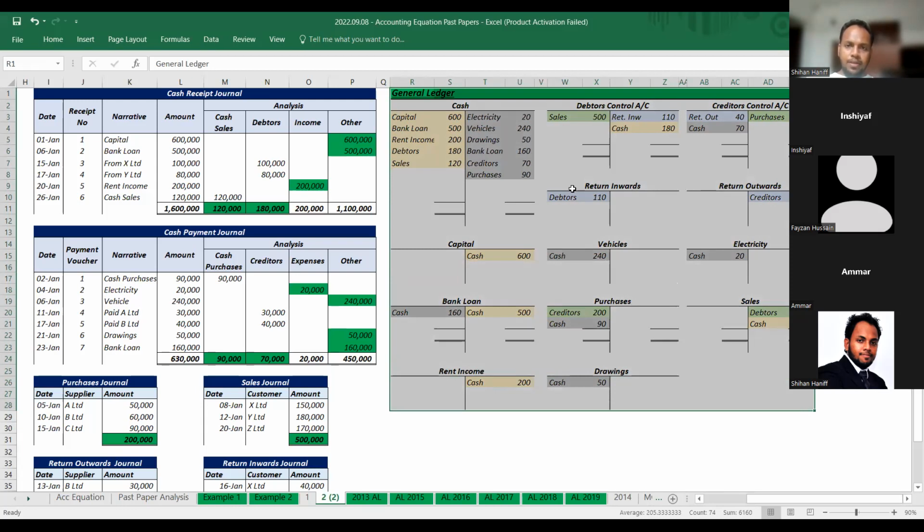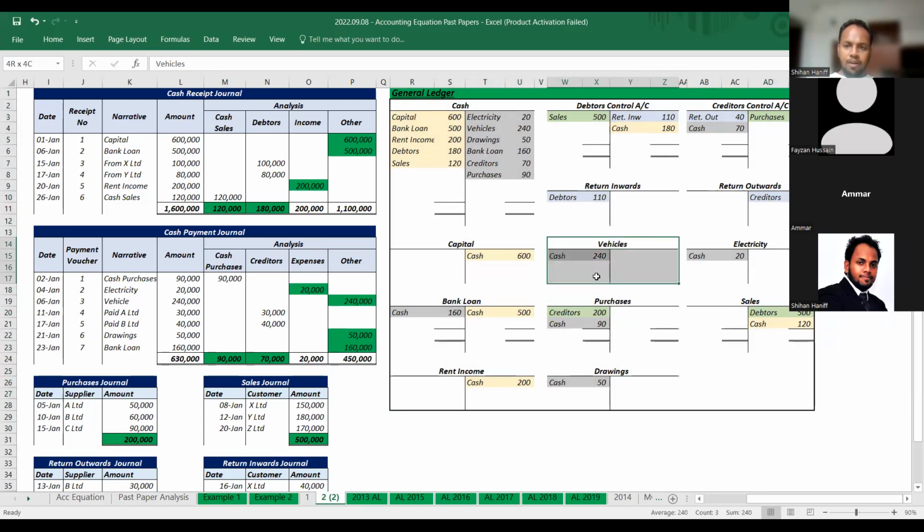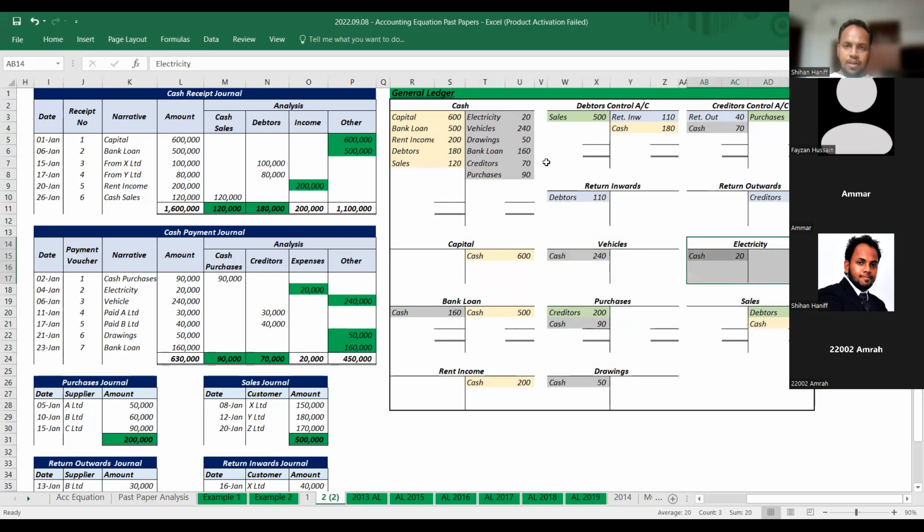When balancing, if there is only one transaction, you can just leave that. If there are two or more transactions, you can balance it. What is the cash balance?